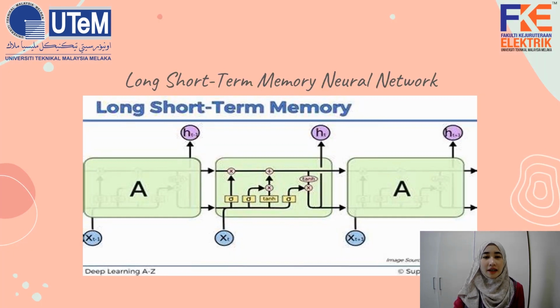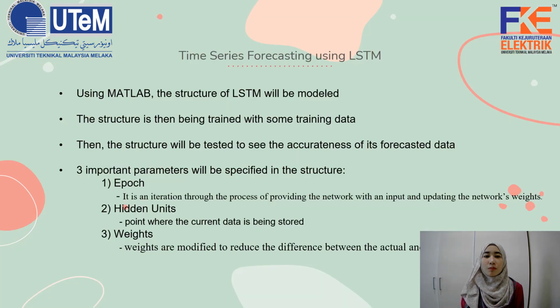So basically, this is the long short-term memory structure cell. By using MATLAB, the structure of LSTM will be modeled. The structure is then trained with some training data. Then, the structure will be tested to see the accuracy of its forecasted data.